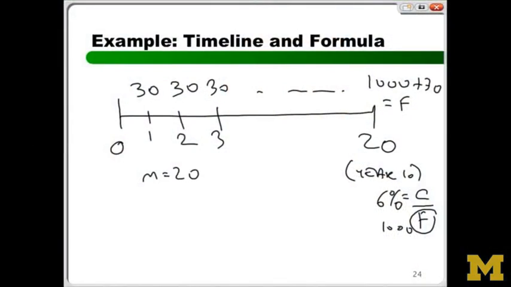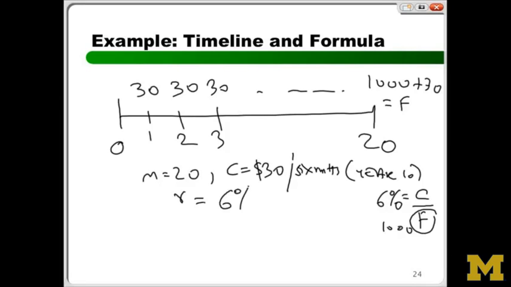Do I know N? Yes. Do I know coupon? $30 per 6 months. Remember, I have to match N with the coupon. I can't say 60 here. Okay? And what is R?